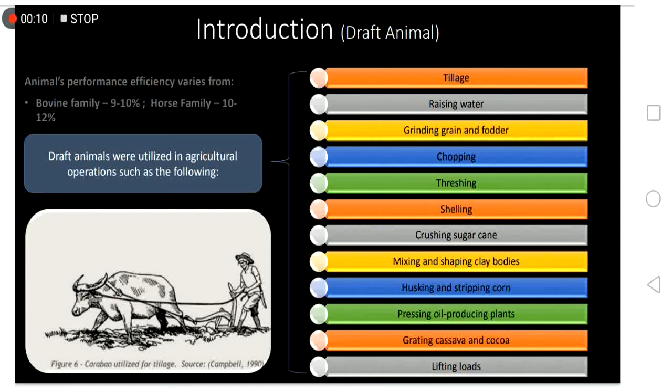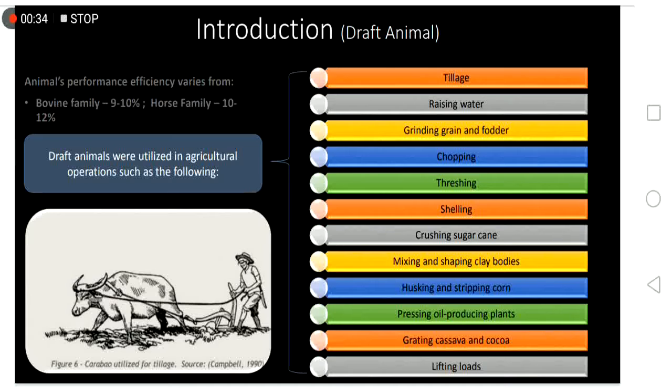There are so many agricultural operations where we can use animal power, and some are listed here, but of course not limited to this list. Remember that the performance of our draft animals varies.